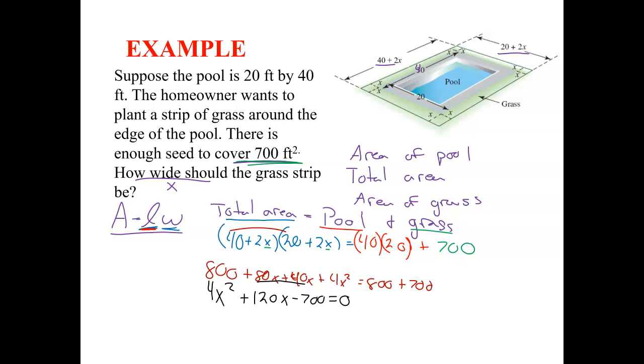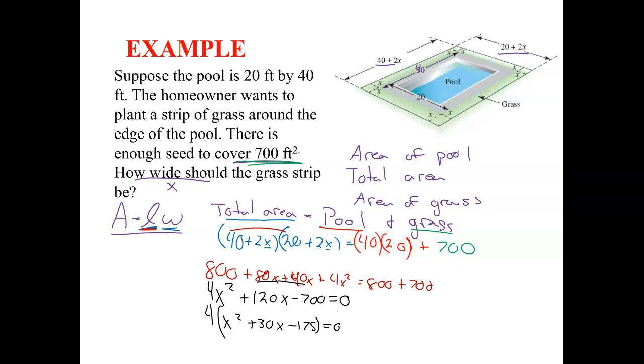So if I want to factor this, what can I do first? You can factor out the 4. That leaves me with x squared plus 30x minus 175. And then I can factor.